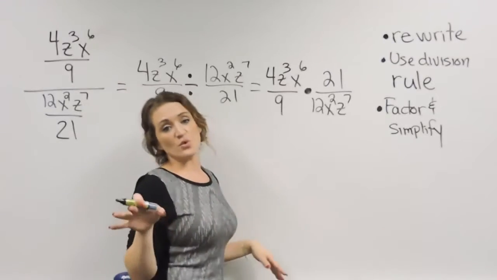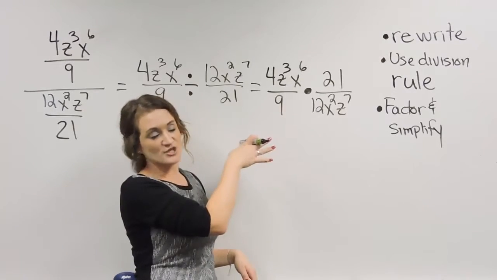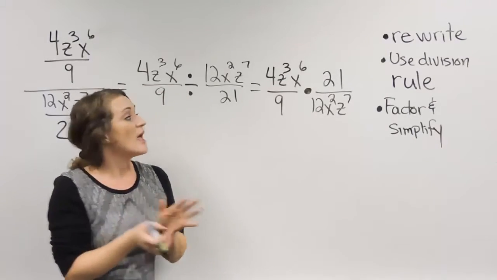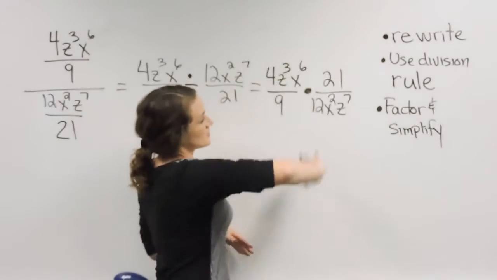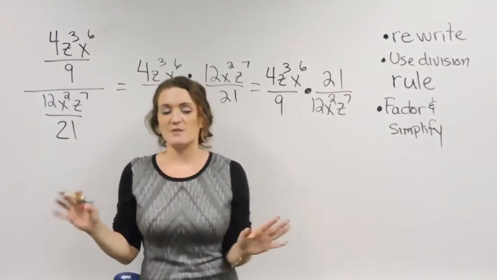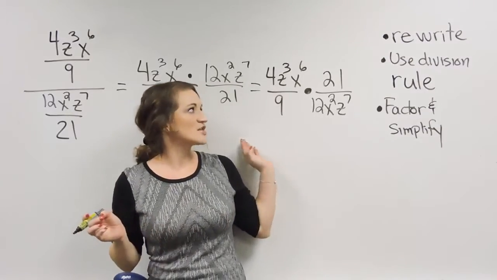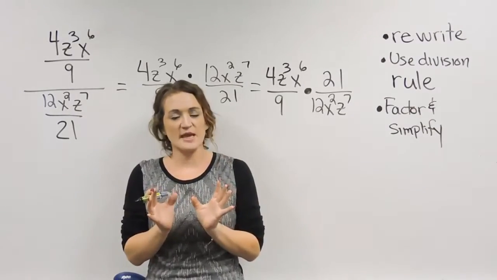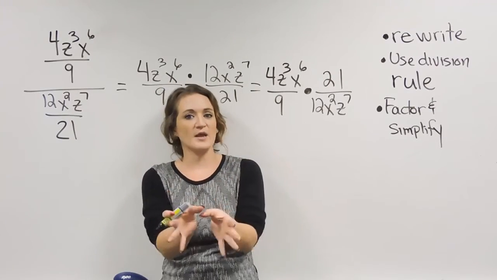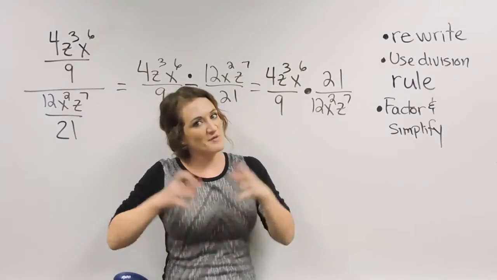Now, the rule for dividing fractions all it does is change it into a multiplication problem, to where now I'm going to be multiplying this together. And when we multiply fractions, that's top times top, bottom times bottom. But when it comes to multiplying rational expressions, we actually don't want to multiply the whole thing together, because in rational expressions, we're working on breaking them down and simplifying them. So we don't want to multiply them and make them even bigger.